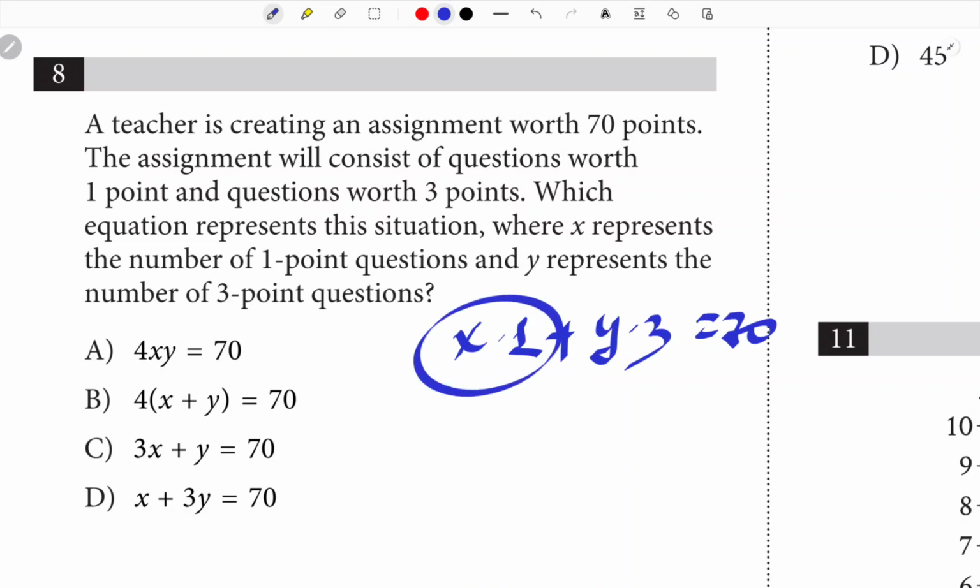All of the questions with 1 point, x times 1, and all of the 3-point questions, y times 3. I find 70 points total, that's why I sum them. And the answer is x plus 3y, option D.